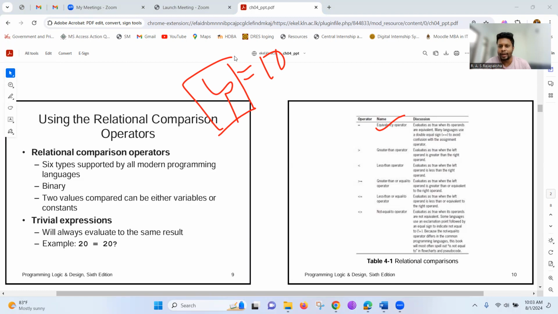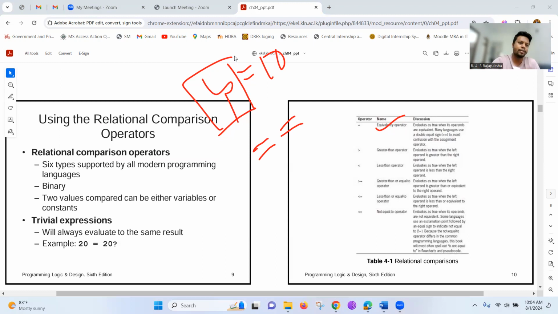So the equal operator evaluates as true when its operands are equal, right? Many languages use double equal signs to avoid confusion with the assignment operation. Yes, most of the time some languages are not using the single equality operator. They are using two equal signs, right?